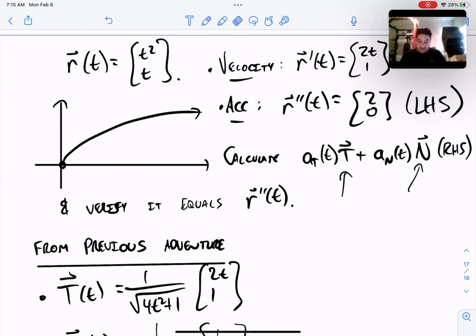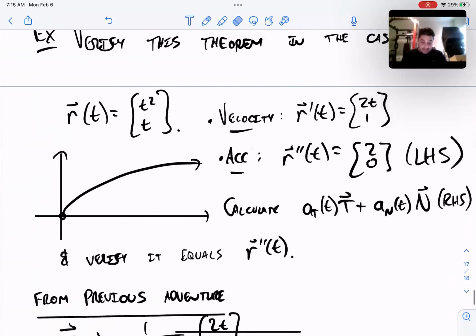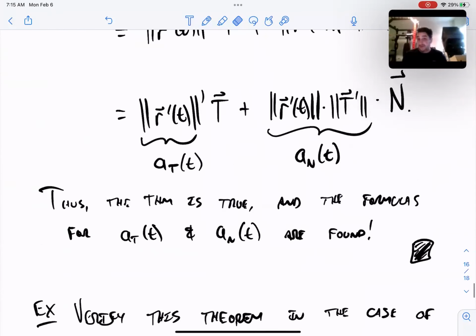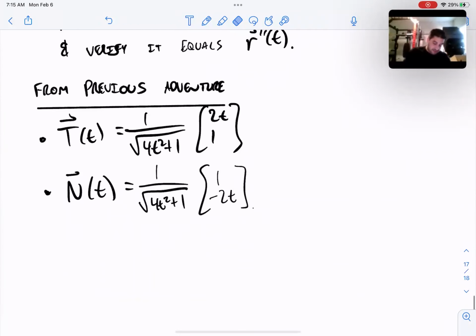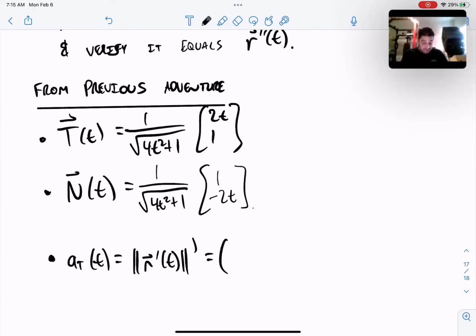Then I also need A_T and A_N, and those formulas I just found up here. So what is A_T? A sub T is, like I said, speed prime. And what was speed? Speed was the square root of 4t squared plus 1. That's what we divided by when we were doing our tangent vector.